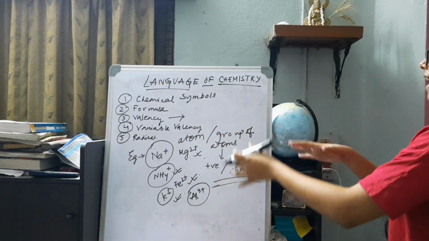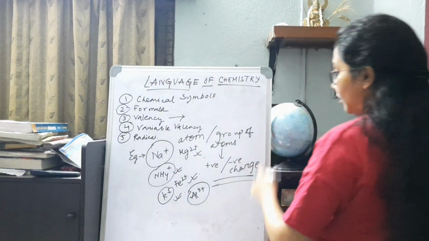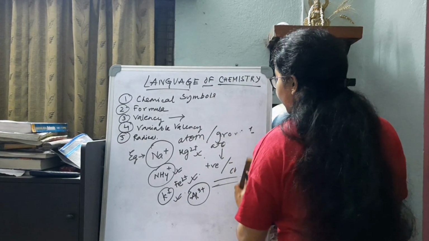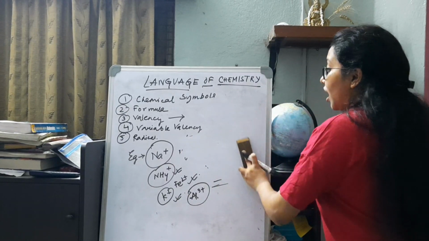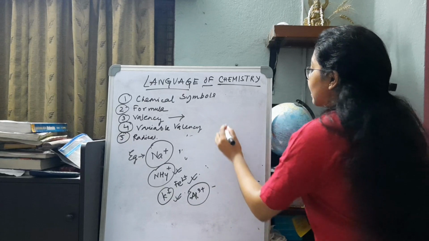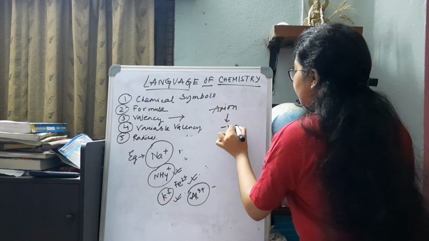Now if we go to the anions, the halogens are basically certain anions in general. An anion is nothing but a negatively charged radical.